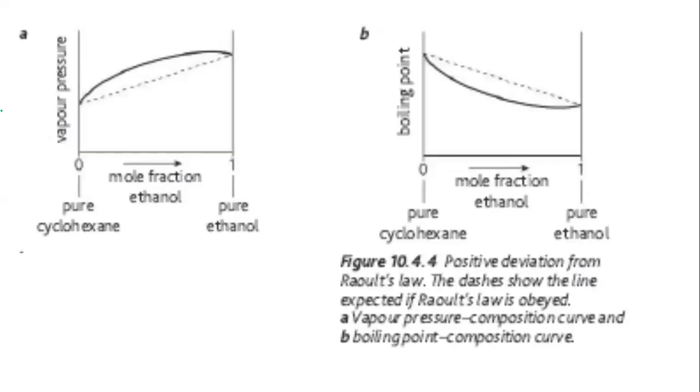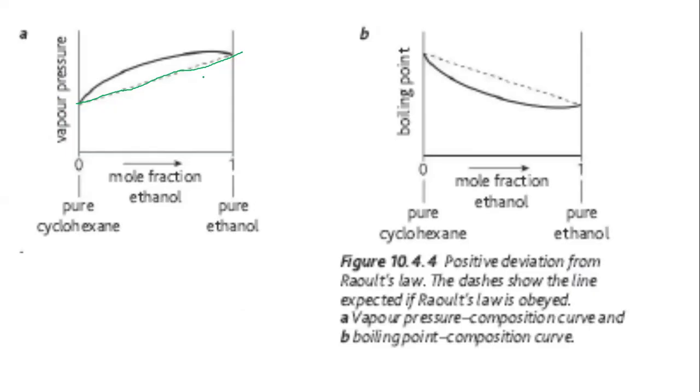So let us look at what is happening here. You have the pure ethanol and the cyclohexane, and if you were to obey Raoult's law, you would see a straight line here, a linear relationship, where the vapor pressure of the ethanol is higher than the vapor pressure of the cyclohexane.